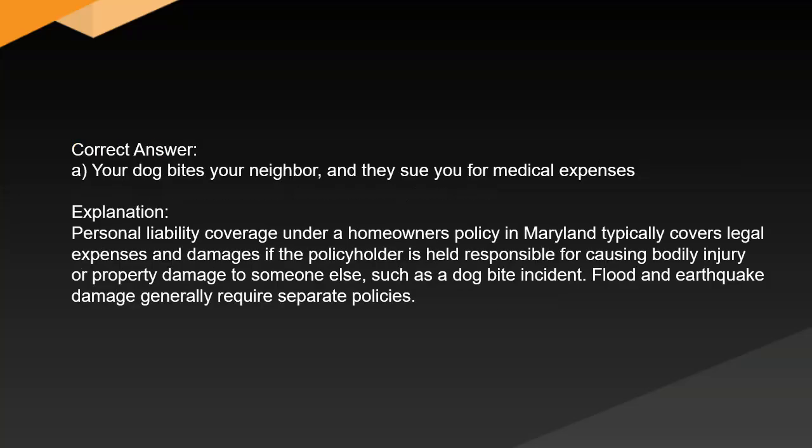Correct answer: A. Explanation: Personal liability coverage typically covers legal expenses and damages if the policyholder is held responsible for causing bodily injury or property damage to someone else, such as a dog bite incident. Flood and earthquake damage generally require separate policies.